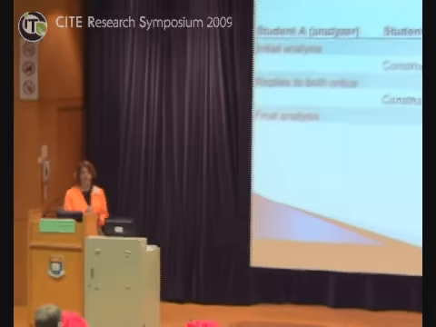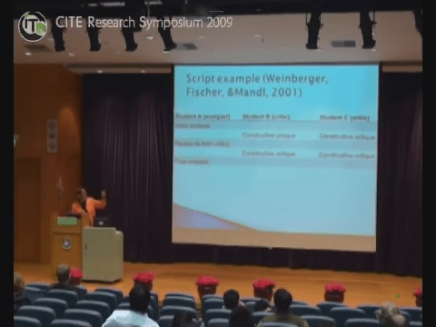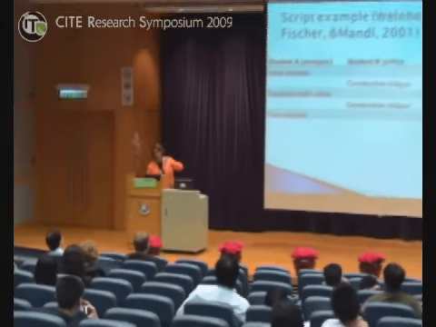So here's an example of a script from Weinberger, Fischer, and Mandl. This script is to have students just do it in, I believe it's a case analysis and a threaded discussion. So student A starts their analysis. The next two students are critics. Student A replies. The students do some more critiquing, and then there's a final analysis. So everybody has a role.